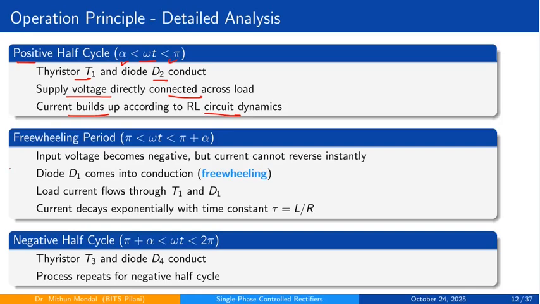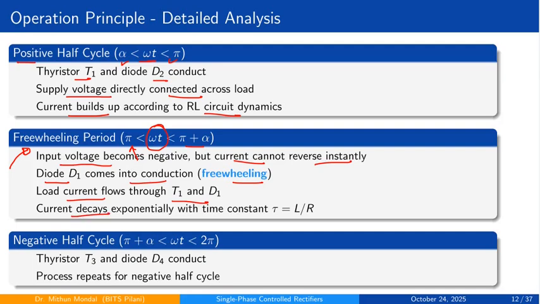The supply voltage will be directly connected across the load and the current will build up according to the RL circuit dynamics. Now, in the freewheeling period, which is omega t between pi and pi plus alpha, the input voltage will become negative. But the current cannot reverse instantly. So the diode D1 comes into conduction due to the freewheeling action, and load current will flow from thyristor T1 to diode D1.